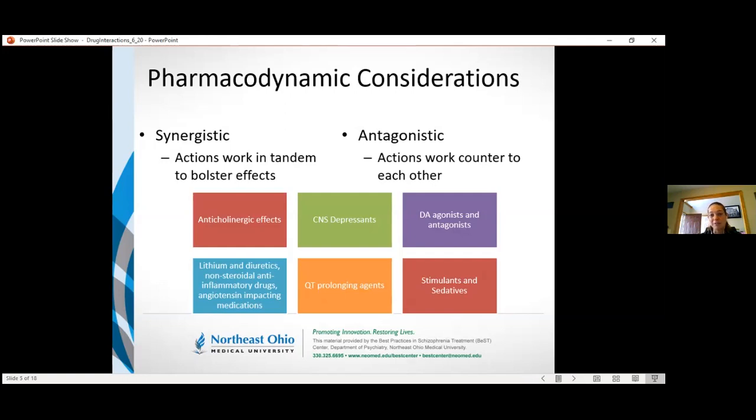Some of those examples may be with dopamine agonists and antagonists. So if there's a patient who potentially is on an antipsychotic medication, risperidone, for their bipolar disorder, and they also have restless leg, and maybe they're given a dopamine agonist. So they're on ropinirole. Well, we're going to have some competition for those dopamine receptors.